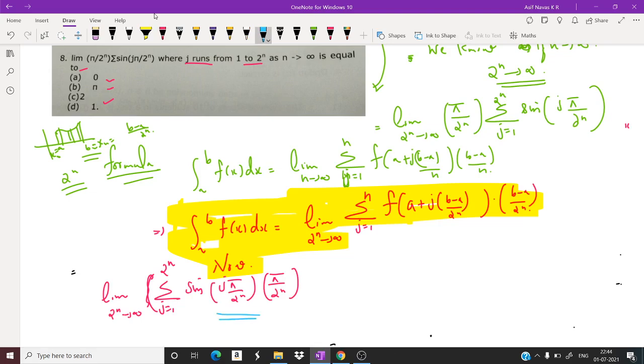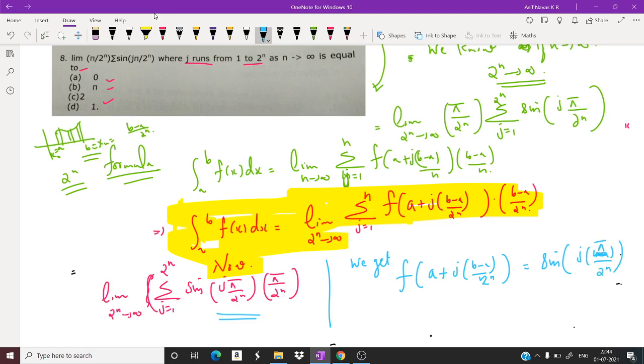So from here we get f of a plus j times b minus a by 2 raised to n. I'm equating with this, sine j times b minus a by 2 raised to n instead of pi by 2 raised to n.